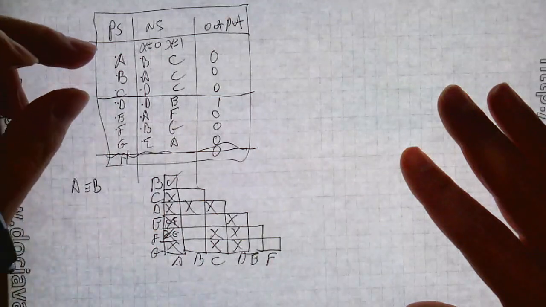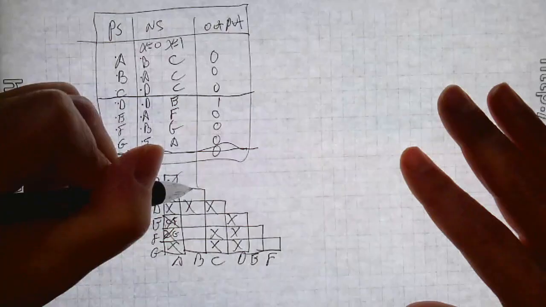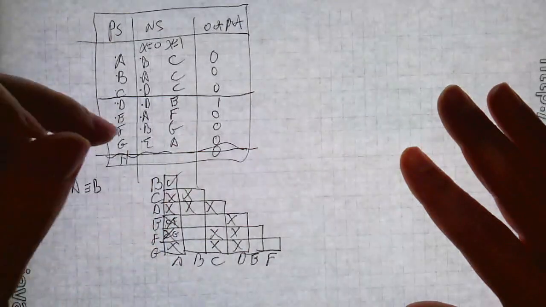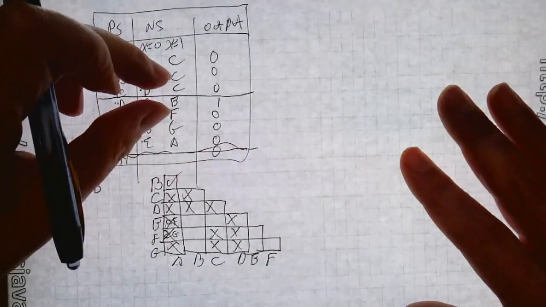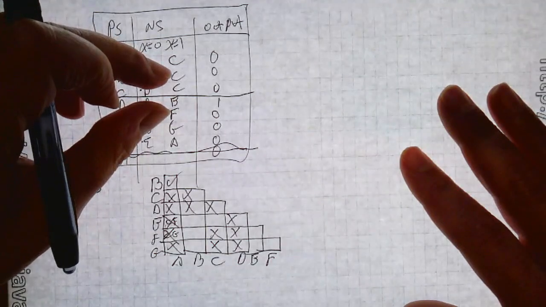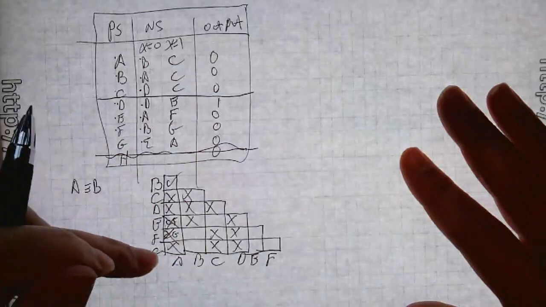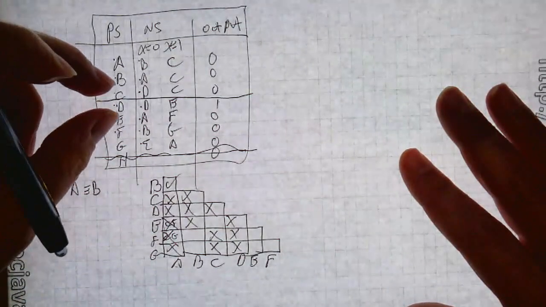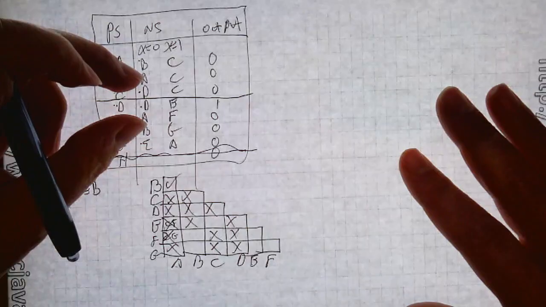B is equal to C if A equals D. It does not. B is equal to E if A equals A. It does. And if C equals F. C does not equal F, therefore this gets an X. B is equal to F if A equals B, and it does.